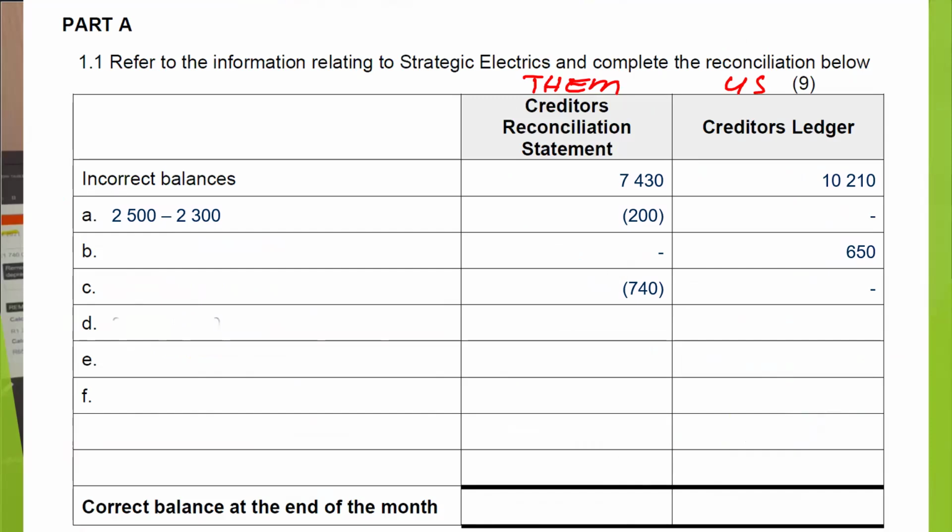To correct the creditor's ledger, we'll find the difference between 3,430 and 2,100. That difference, you will add it back in the creditor's ledger. It does not affect the creditor's recon because it wasn't their mistake; they just authorized 2,100. They accepted 2,100 and they're rejecting the whole 3,430.